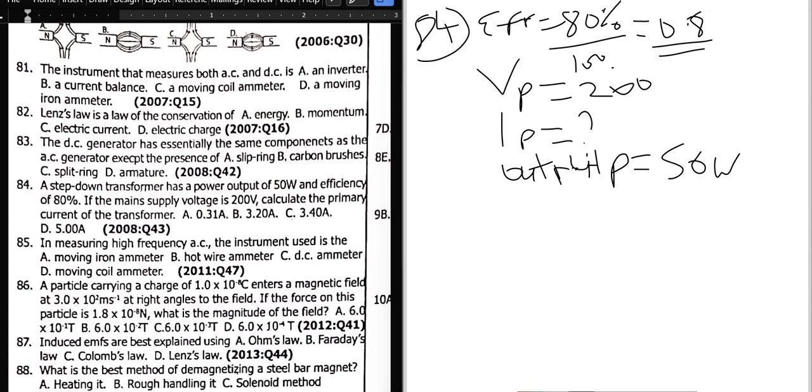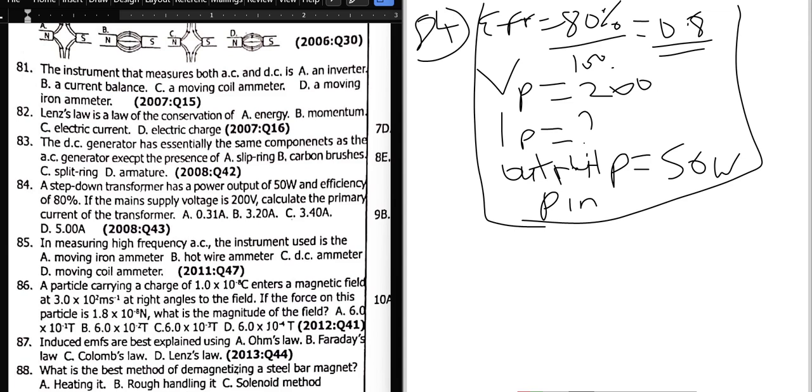So the first step, we look for power input. There's power output, but there's no power input. So the first step is to look for power input. We say efficiency is equal to P out over P in.